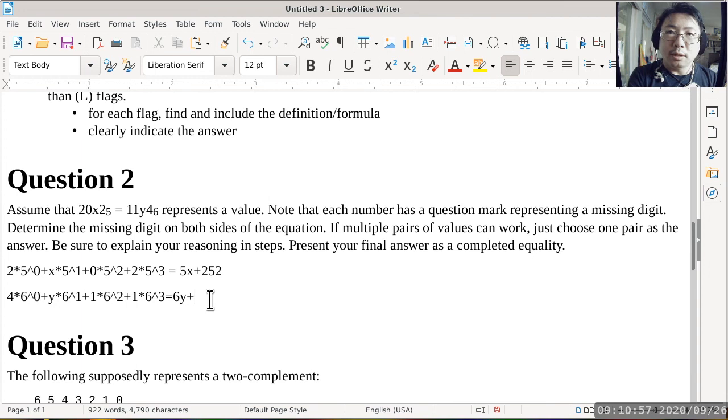So in the case of the 6, we have the 6y plus the 4 plus a 36 plus a 36 times 6. If you use a calculator, you can figure out what is 36 times 6. I think it's 216. Yep, so that makes sense. So we have 6y plus 4. Okay, so that adds up to 40 plus 216.